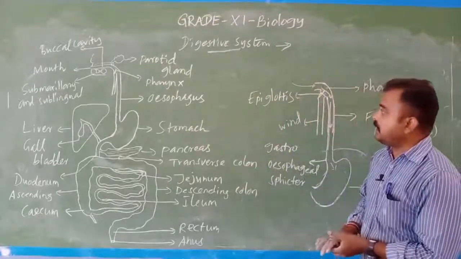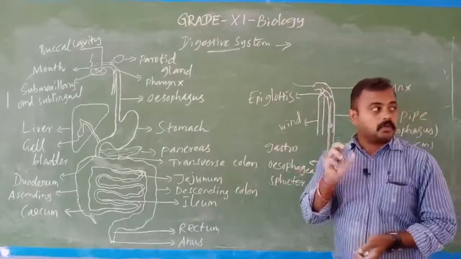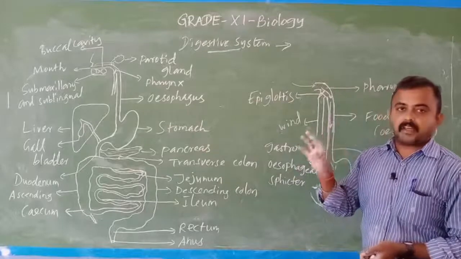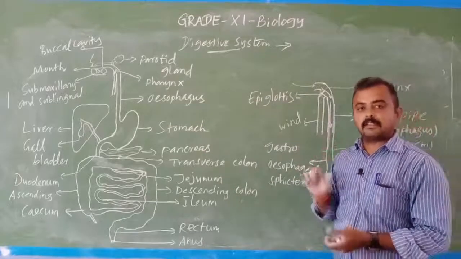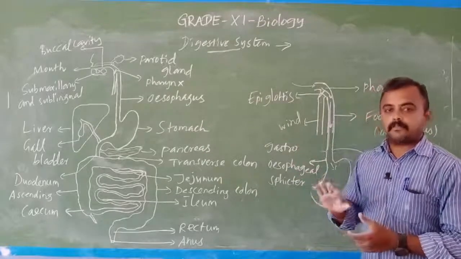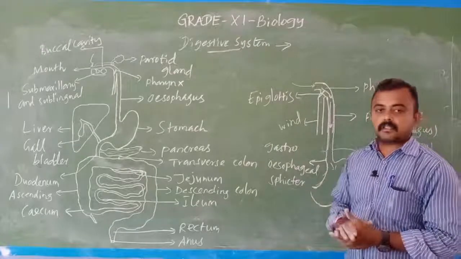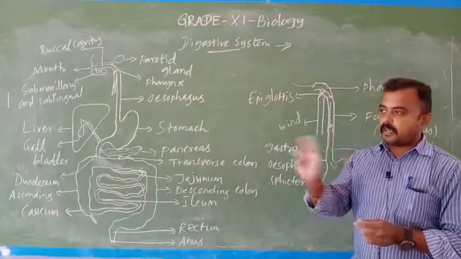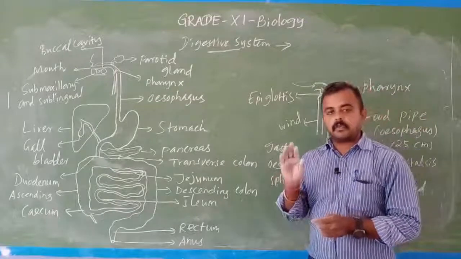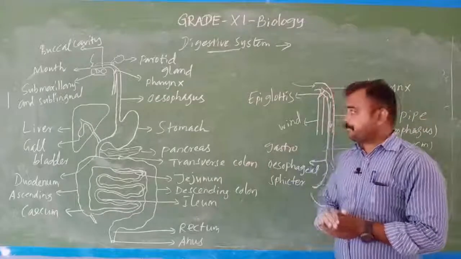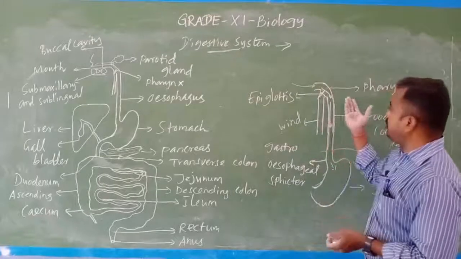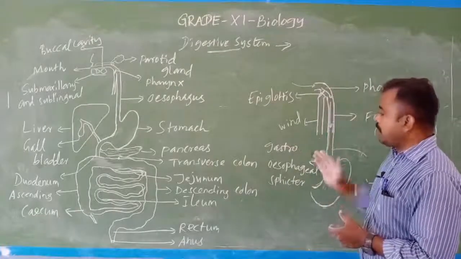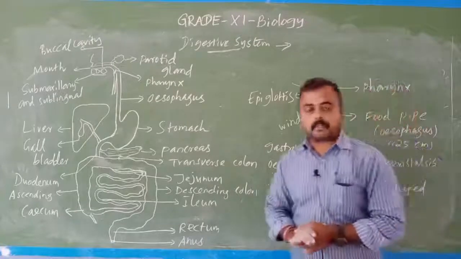Then I explained about the mouth, what parts are present in the mouth: oral cavity, teeth and tongue. There are 4 types of teeth, so it is called heterodont. If one kind of teeth is present in an animal, it is called homodont. Then next we saw the pharynx, epiglottis, esophagus, and the gastroesophageal sphincter.